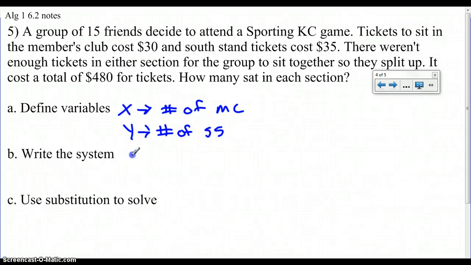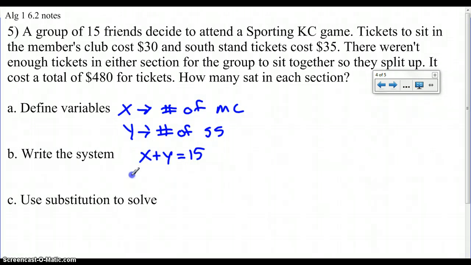All right, so let's write this system. That means write our equations. Well, the first thing I know is that we have 15 people, so x plus y has to equal 15. Number of South Stand people plus the number of Members Club people has to add to 15. The other equation is going to deal with cost.